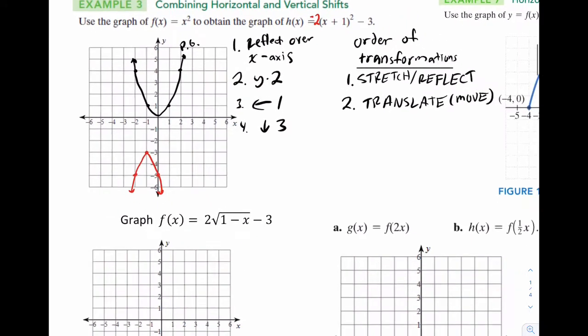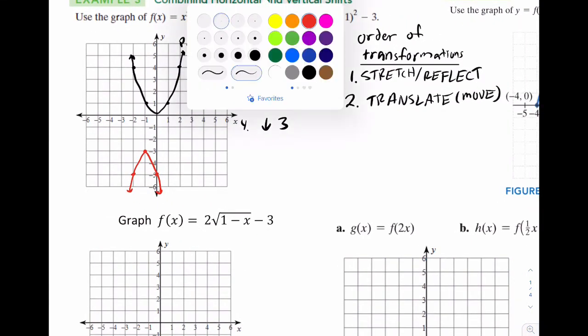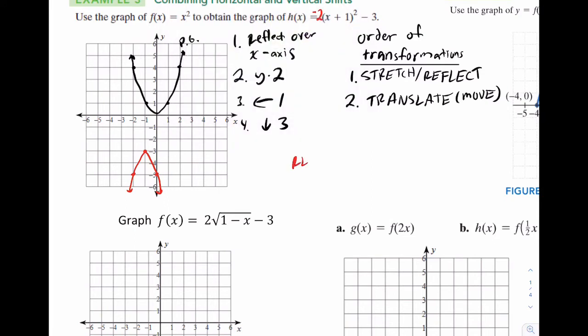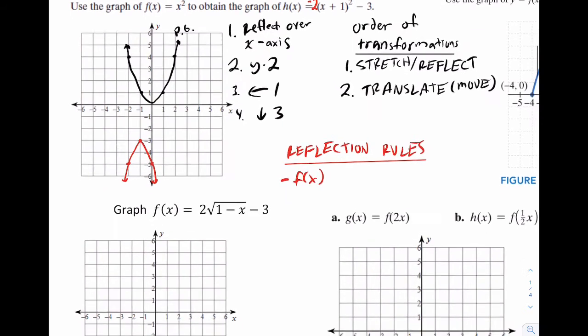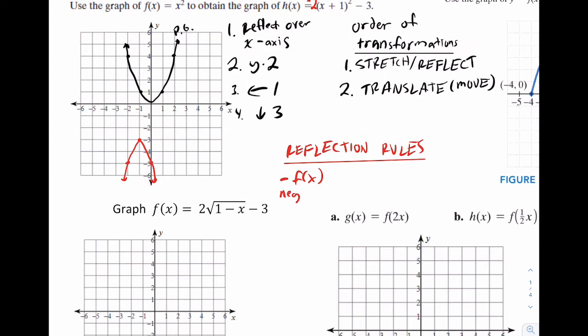Now in case you're wondering how I knew to reflect over the x-axis, I can do a quick refresher for you on reflection rules here. If you see the negative on the outside, like negative f of x, that means you're going to negate y.